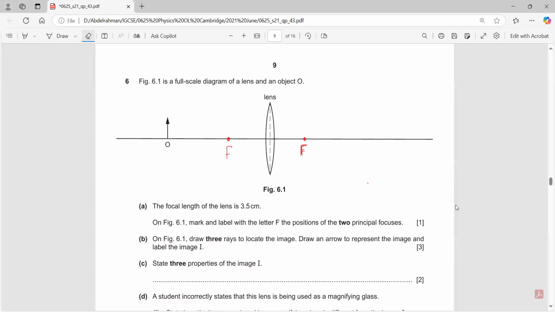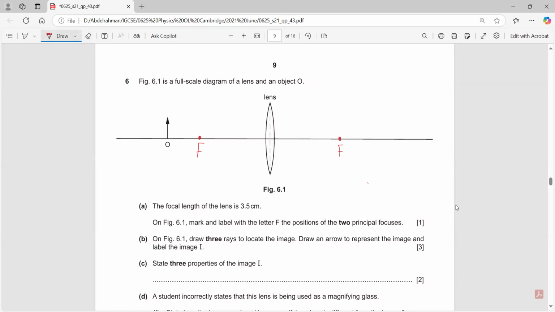I think the focal point will be a bit further away. 3.5 centimeters might be at this point, and 3.5 centimeters on the other side might be even further away from here.